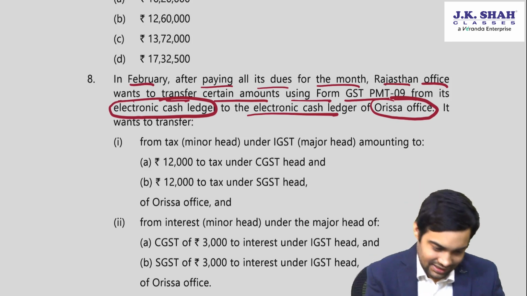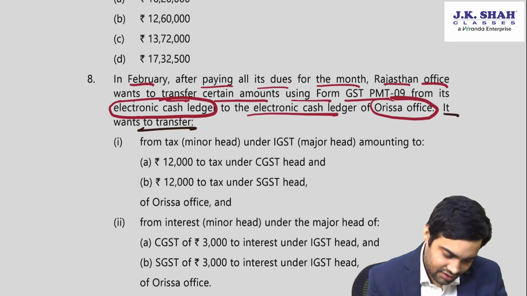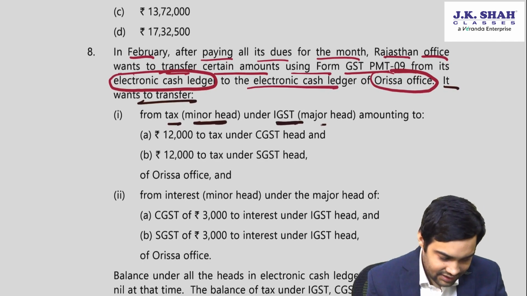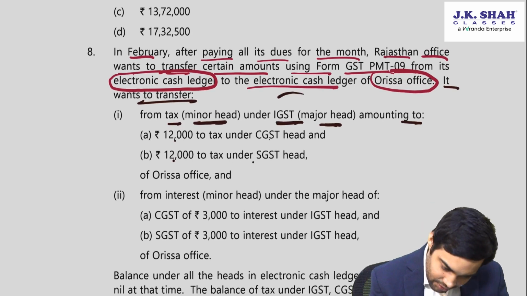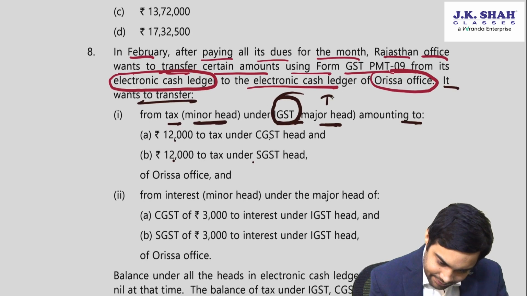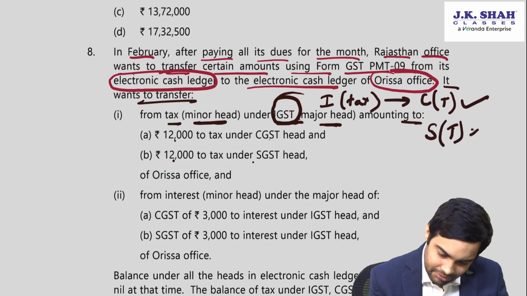Now, it wants to transfer tax minor head under IGST major head amounting to 12 CGST, 12 SGST. So from I tax, you want to transfer to C tax and S tax. C tax will be permitted.